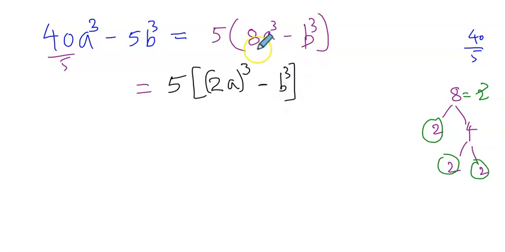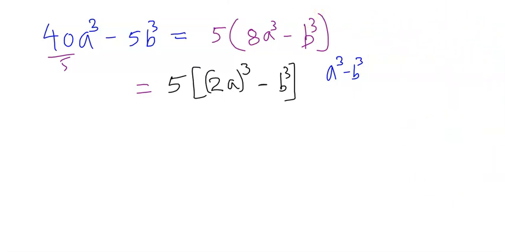And my formula there, it says that another algebraic identity, in fact, a cube minus b cube is equal to a minus b times a square plus ab plus b squared, correct?